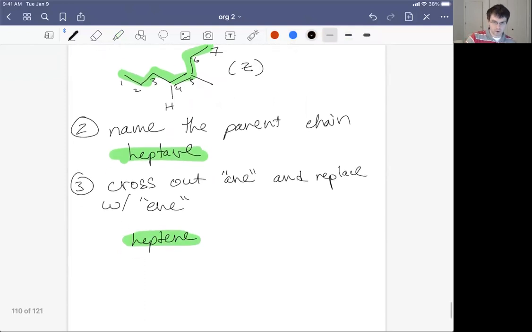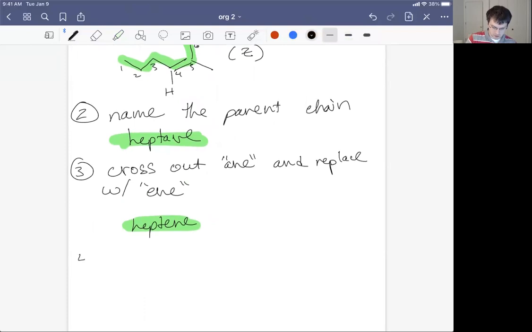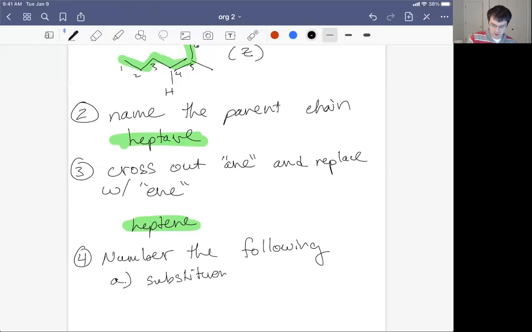Number 4 is we're going to number the following. We're going to start with the substituents, which includes the position of the CC double bond with the lower number.